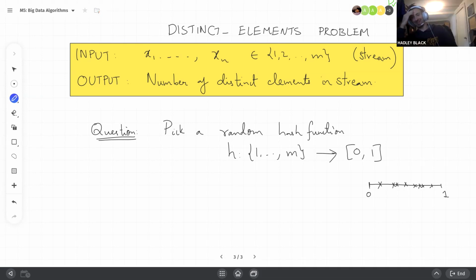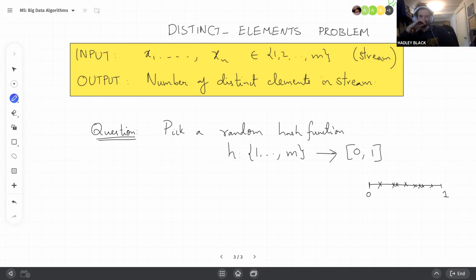We'll do the calculation, but just as a guess: if I throw three items on the interval 0, 1, you'd expect one in the first third, one in the second third, and one in the last third. It's not rigorous, but that's your expectation.